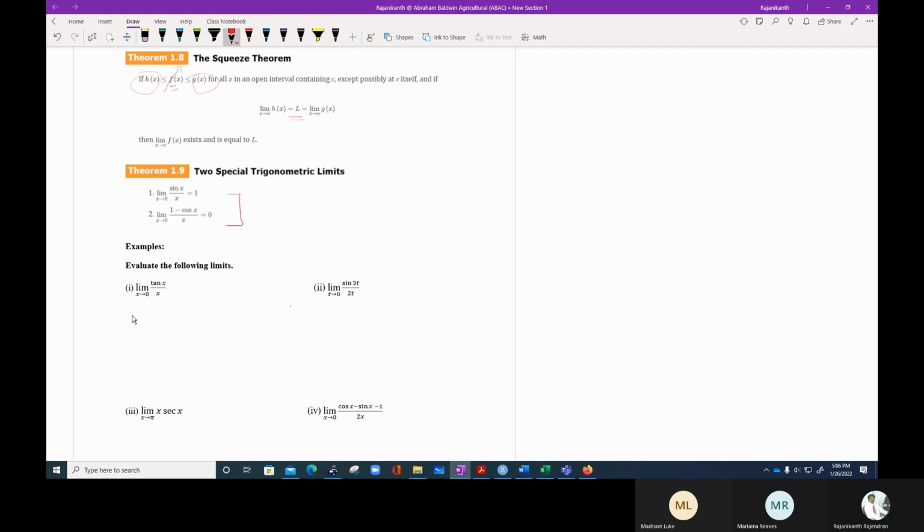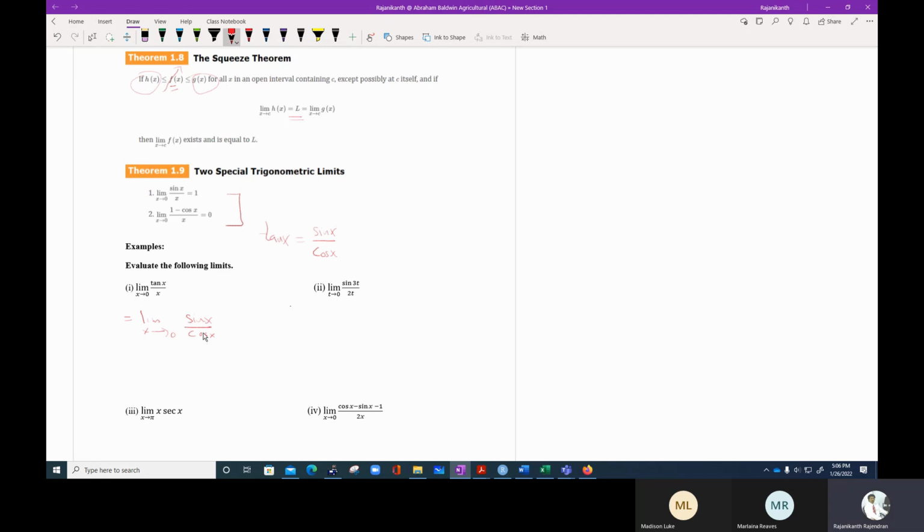Okay. The first one, anyway, the given problem is in tangent x, but the properties we have are for sine and cosine. So for that reason, I'm going to change tangent x to, as you all know, tangent x is given by sine x over cosine x, right? So instead of tangent x, I'm writing sine x over cosine x.